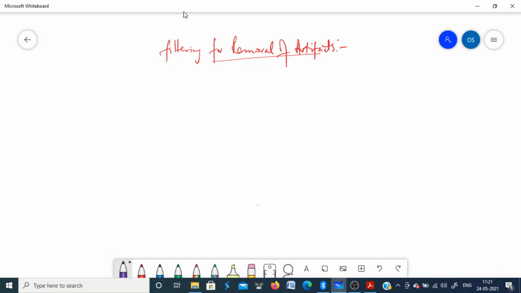Okay, we will discuss here the various types of artifacts or the noises which corrupt the biomedical signals, and then the potential solutions to reduce or remove that interference from the signal.